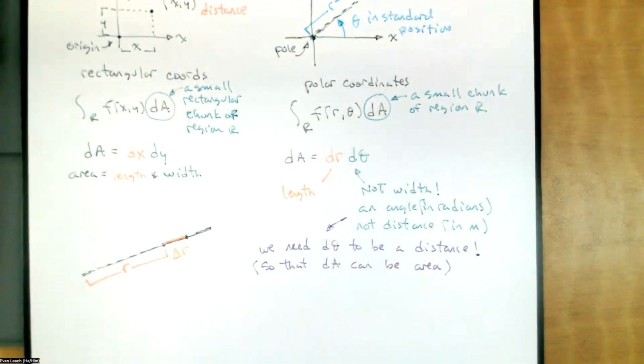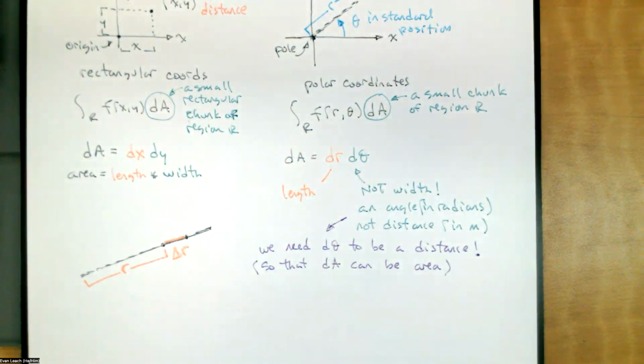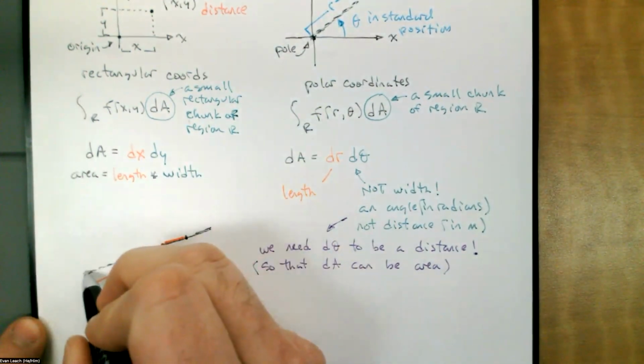I'll make that delta r, some small discrete change in r. That's where delta r shows up, which eventually becomes the dr. It's a change in length. If r is in meters, then delta r will also be in meters. The problem that we have is that theta, or the d theta more importantly, is going to show up as an angle.